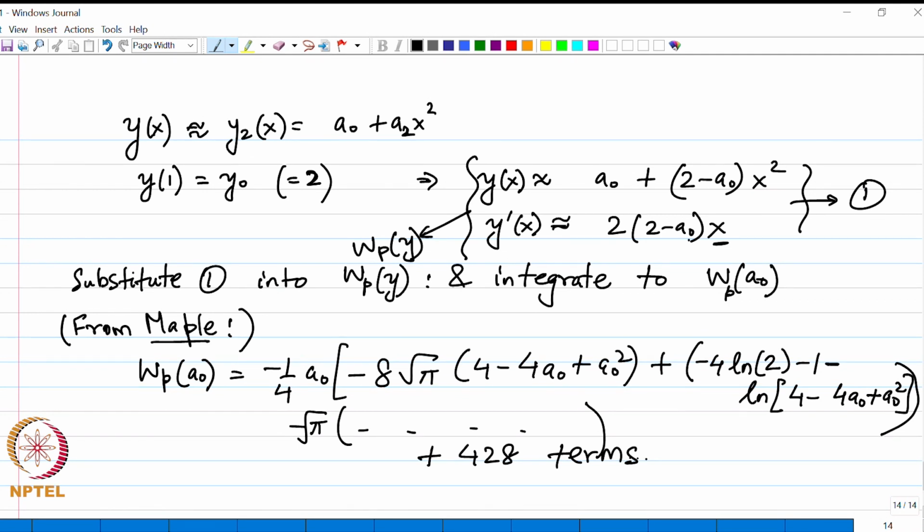However, if we feed this entire expression into the software itself and draw the figure W_p of a naught versus a naught, we can see where the maximum or the minimum is. So, we plot numerically. Let me show the plot in the next page.